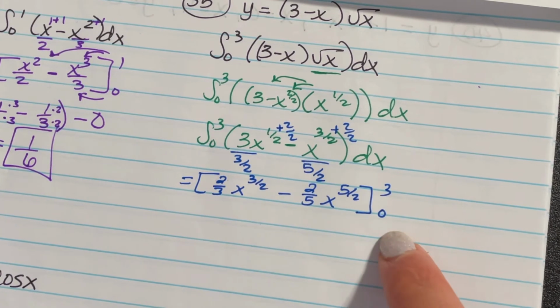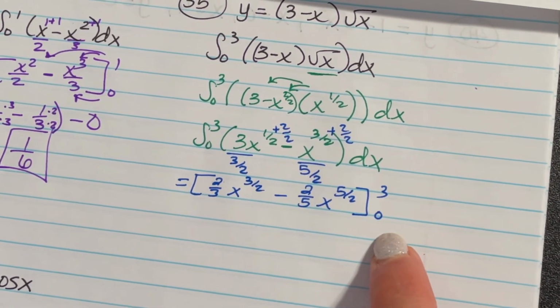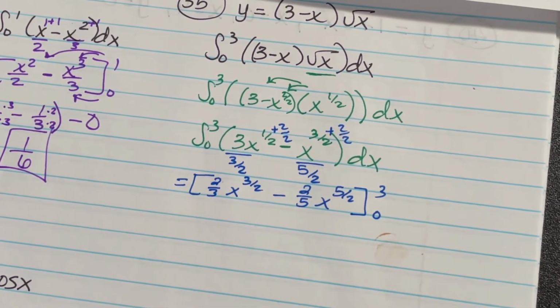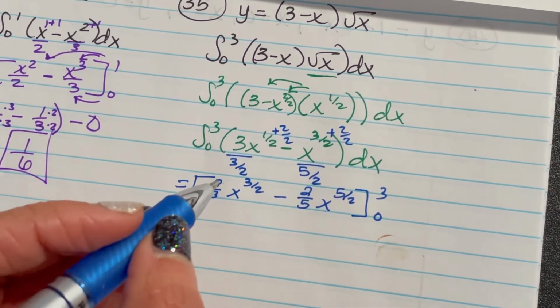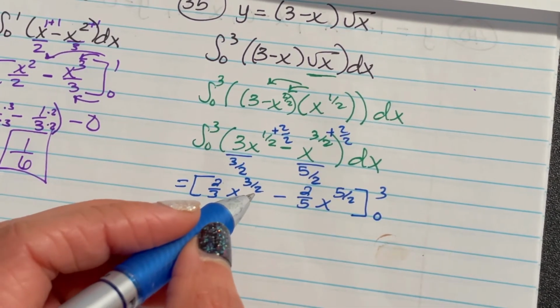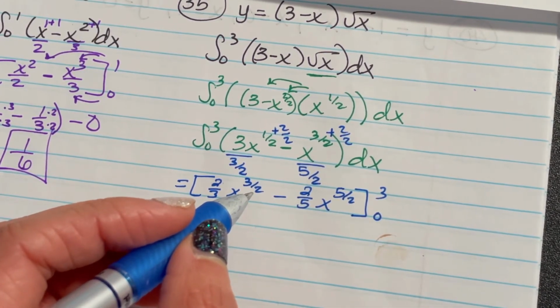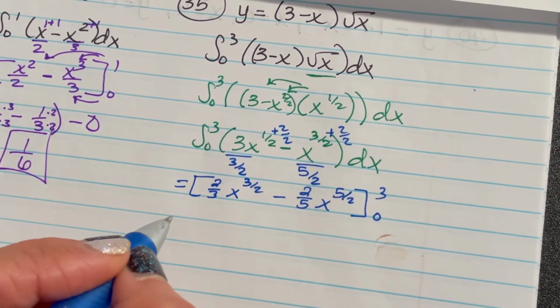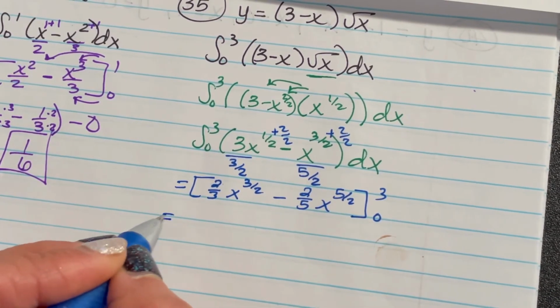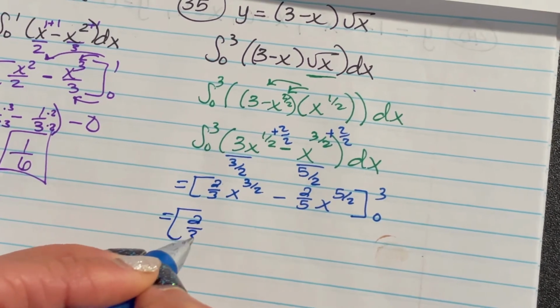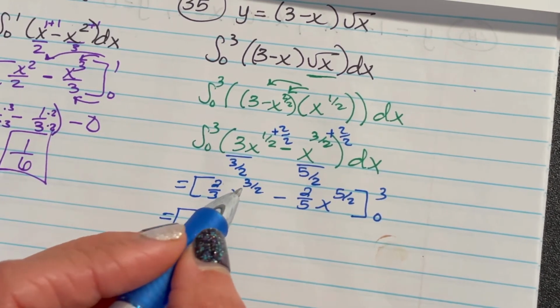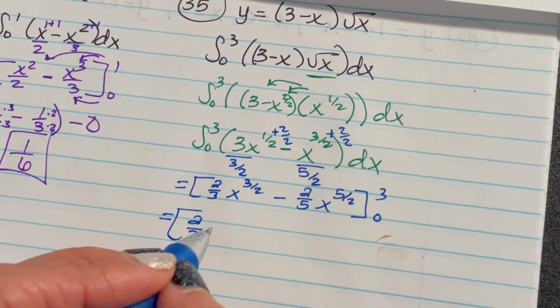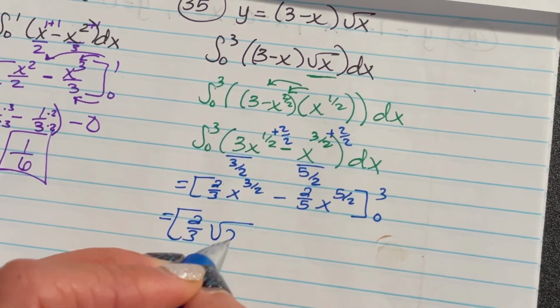What's nice about the 0 that we're going to plug in is that it's 0, so that's going to be nice. Okay, so plugging in a 3, remember that 2 in the denominator of that exponent means it's a square root. So this is 2/3 times the square root of 3 cubed. 3 cubed is 27, so this is the square root of 27.